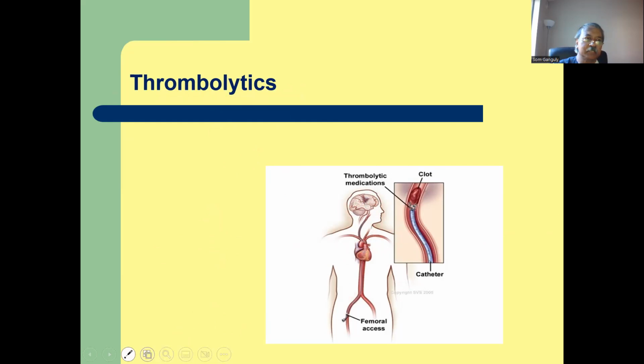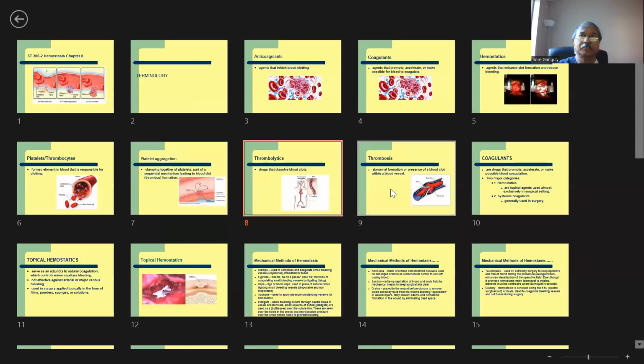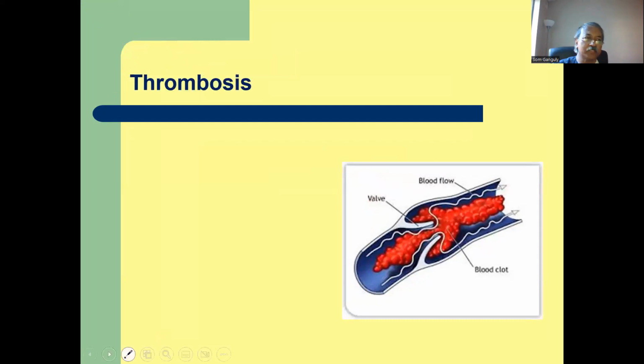And the person will get relief from the stroke, which is important. Otherwise, that part of the brain would not function, and that will be permanent damage to the brain.